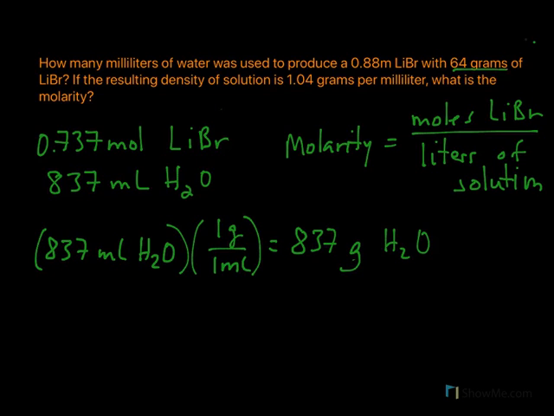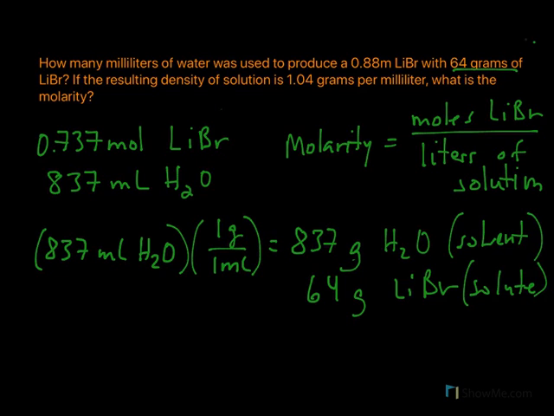We know that we started off with 64 grams of solute, so 64 grams of lithium bromide is our solute. We add them together and we get 901 grams of our solution.